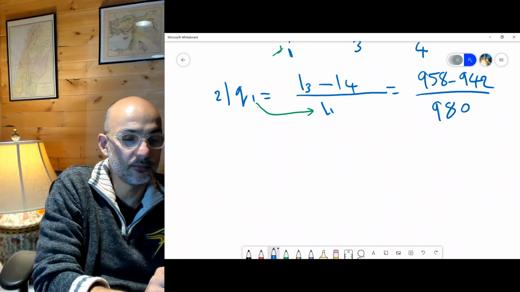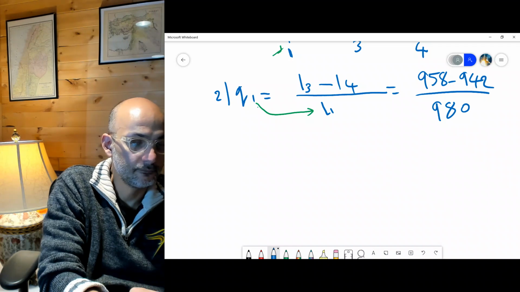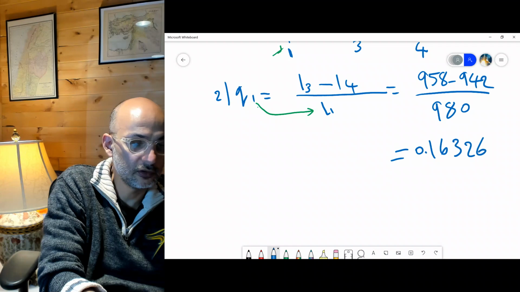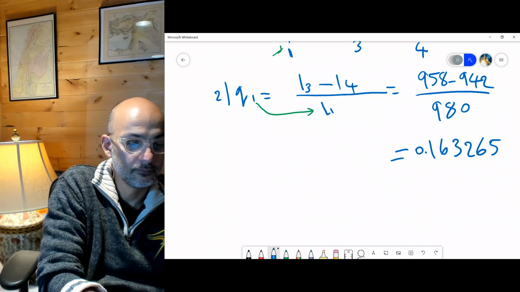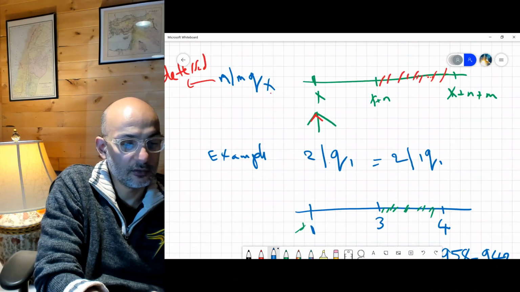And this becomes 958 minus 942 divided by 980. It gives me 0.163265.